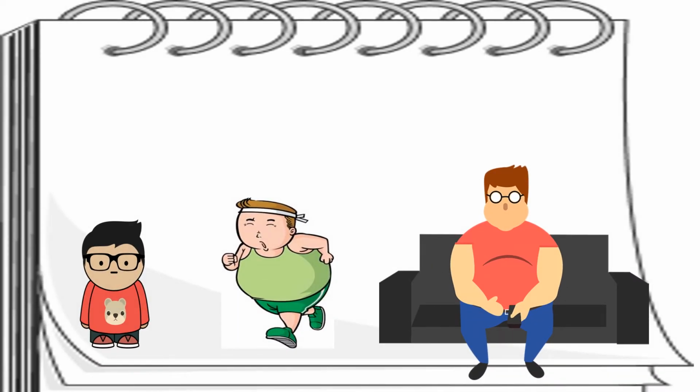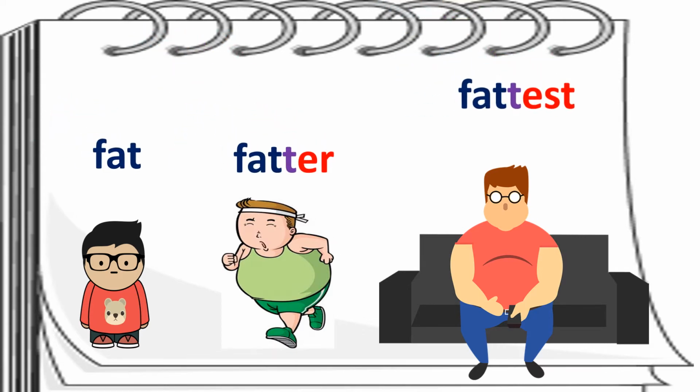Here we have three boys. First boy is fat. The next boy is fatter. And the third boy is the fattest. So when comparing the adjectives, remember we add er and est.